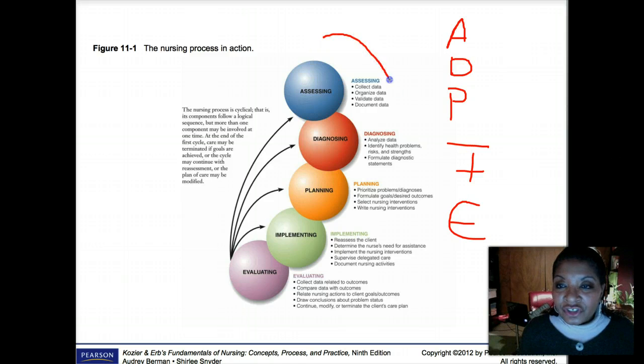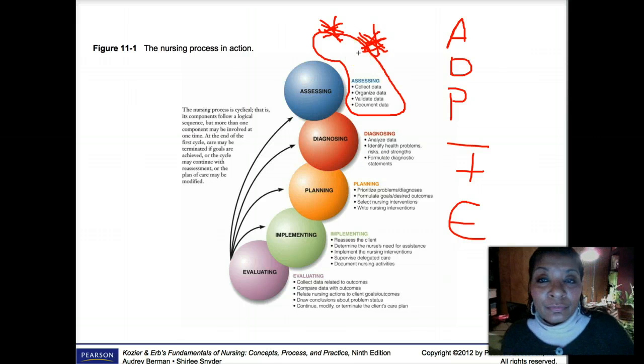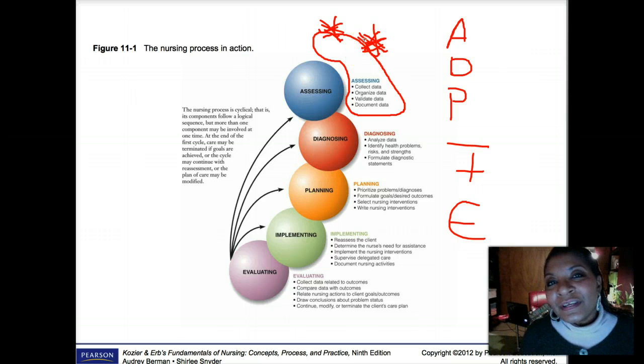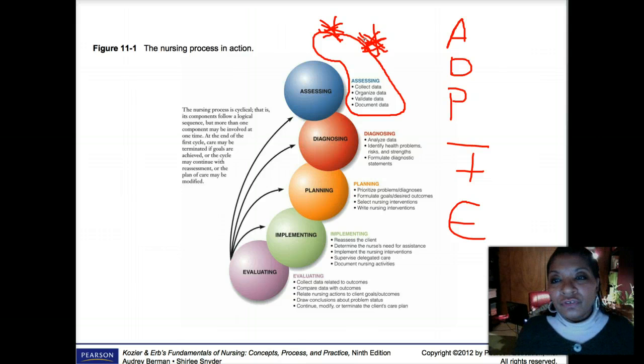Now this lecture, and on Tuesday, we're going to focus on just these elements. What is assessment? It's the most important thing that you can learn to do as a nurse and learn to do well. Because if you are not assessing thoroughly and completely, you are going to miss important information and cues that can guide you in the care of your patient.